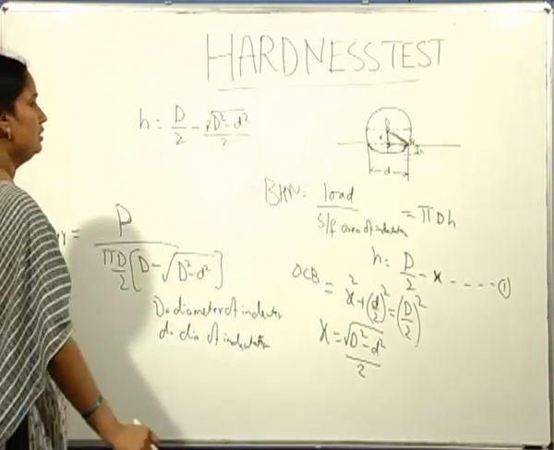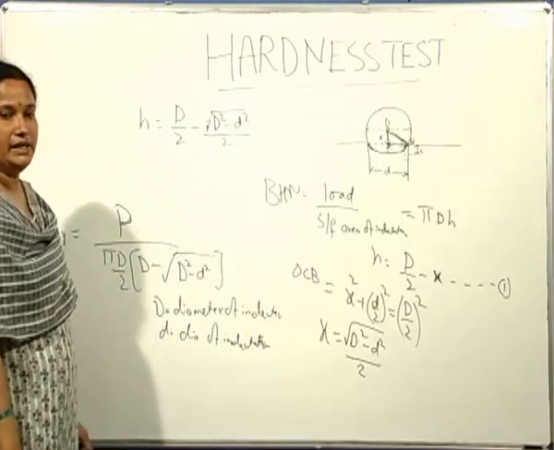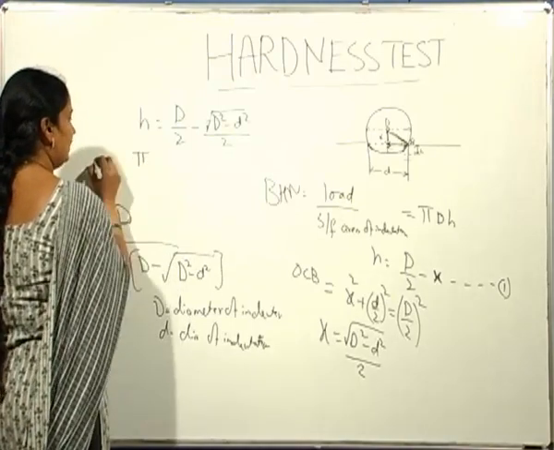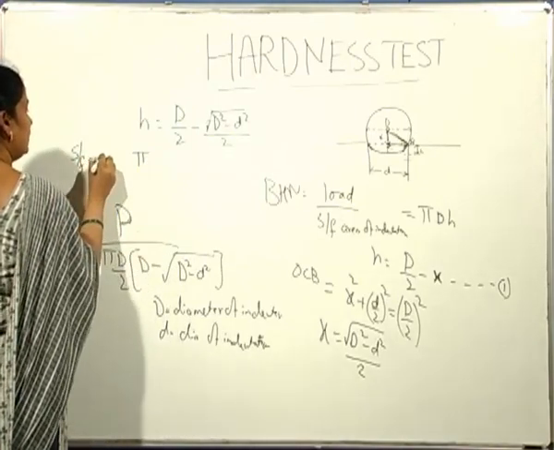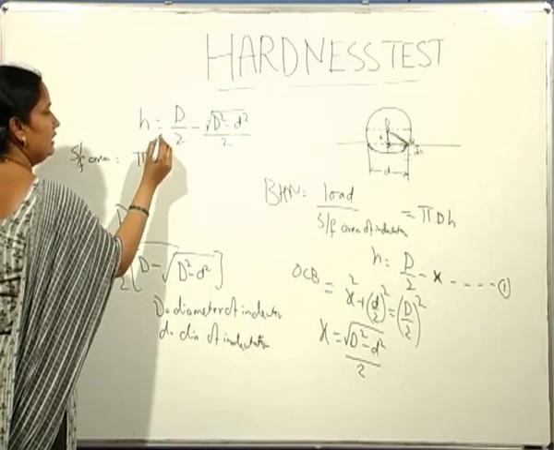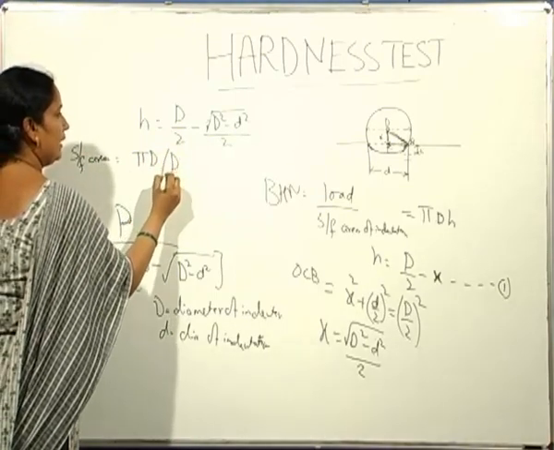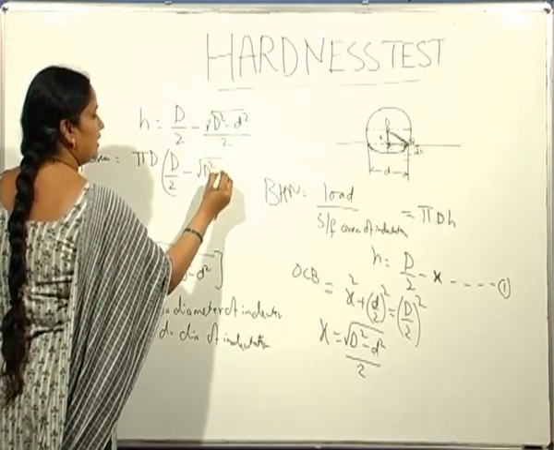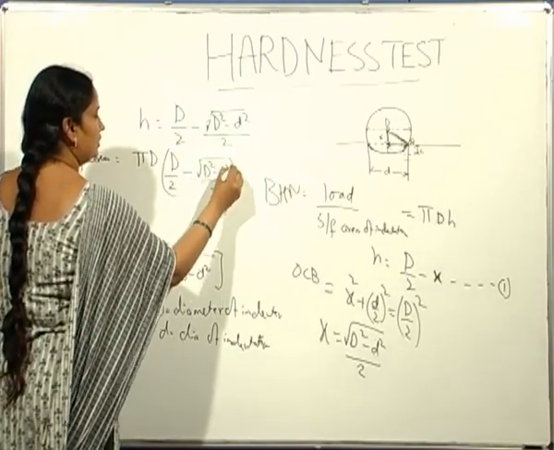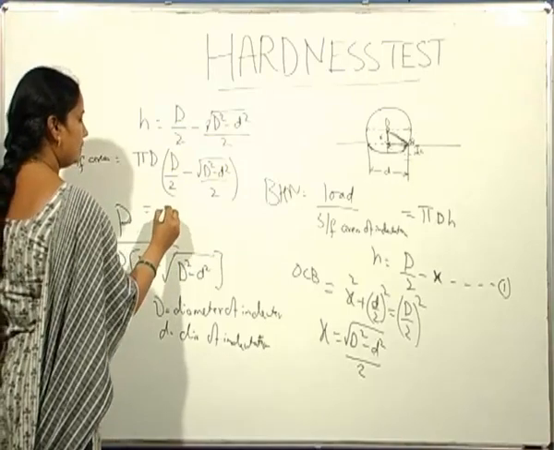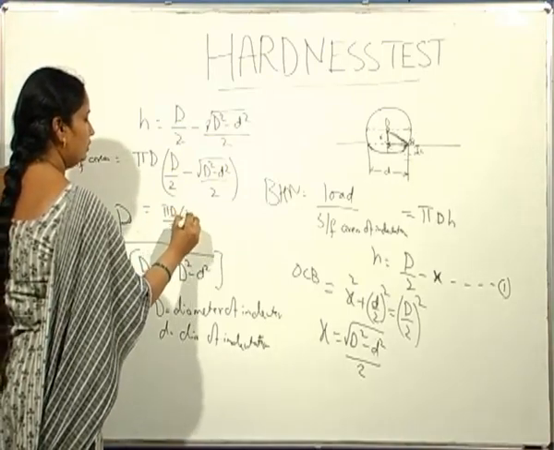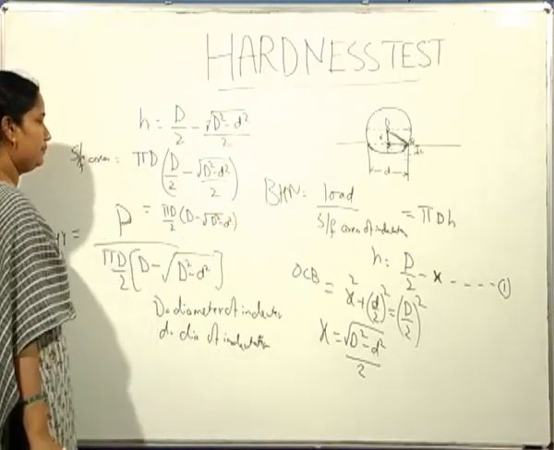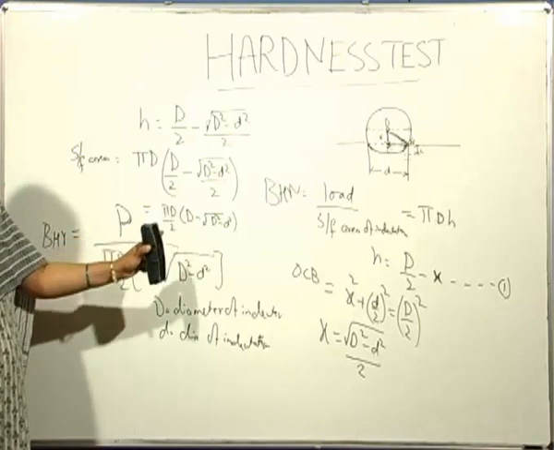This is h. So the surface area of indentation is pi d into h, which is equal to pi d into D by 2 minus root over D square minus small d square by 2. This can be written as pi D by 2 into D minus root over D square minus small d square. So this is the surface area of indentation.